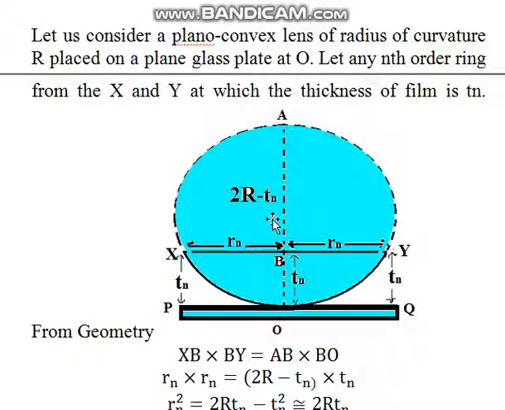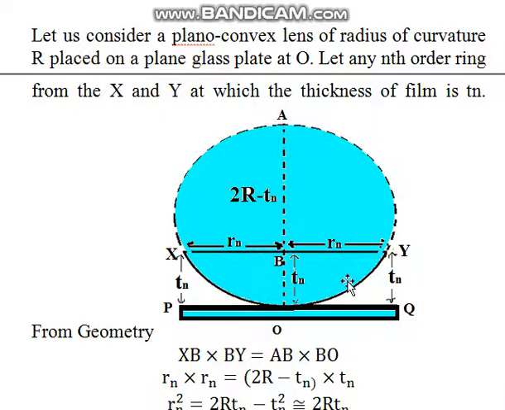Now let us consider a Newton ring, either bright or dark, passing through the extreme points of the plano-convex lens, and let those extreme points be X and Y. Let the radius of that ring passing through X and Y be small r, and the order of that ring be small m.